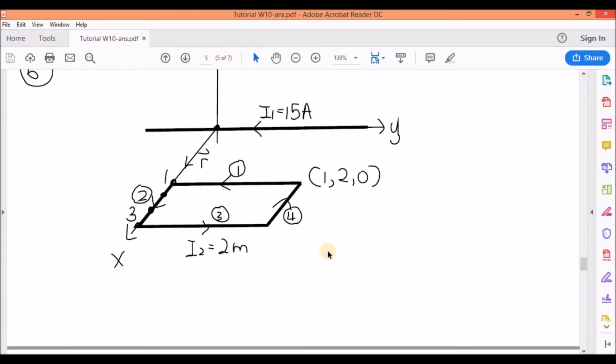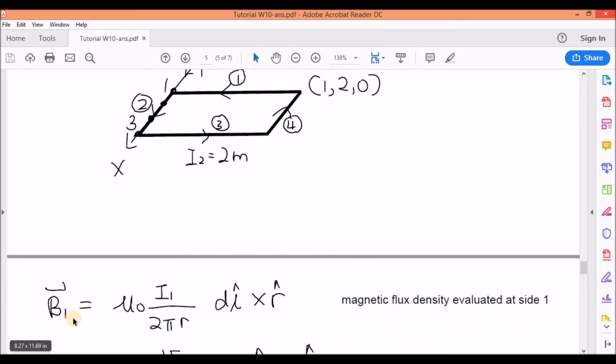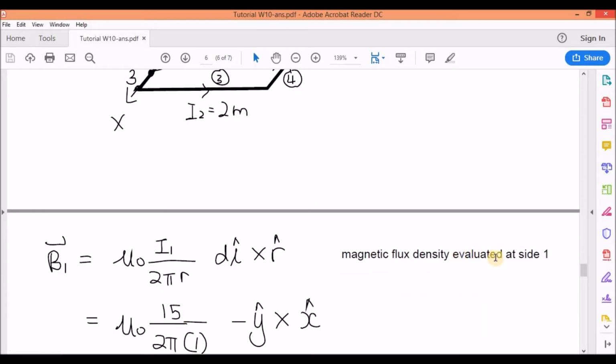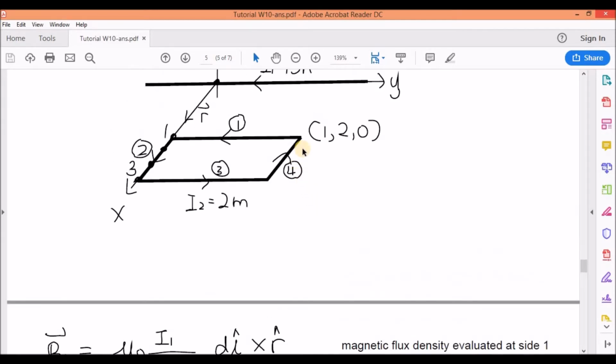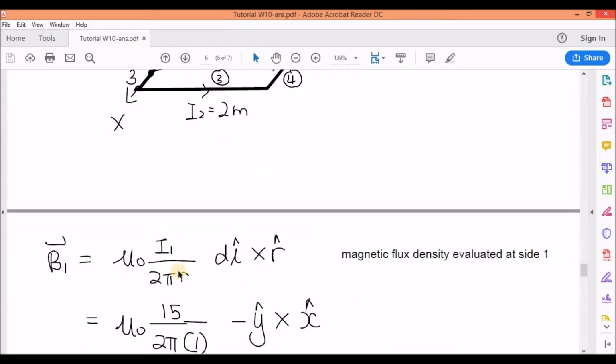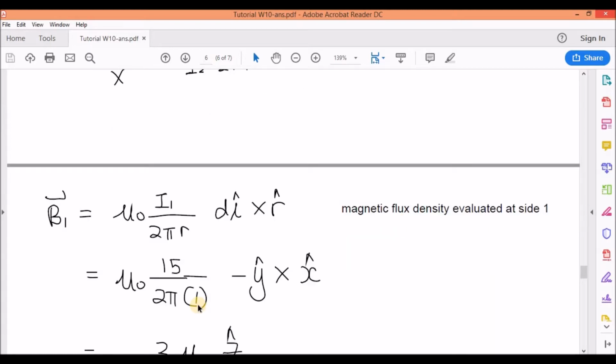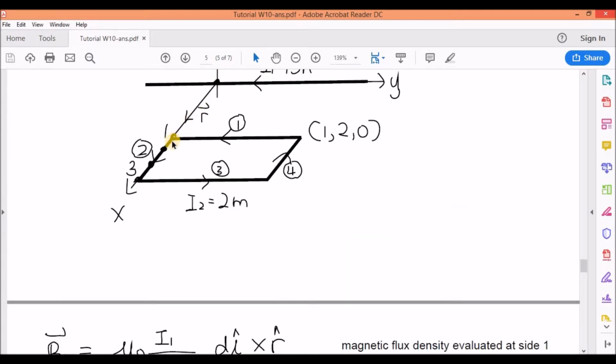Now we need to find B1, the magnetic flux density evaluated at side 1. Where is side 1 at this point? My I will be I1 and my R will be 1, because there is 1 unit length distance in between this infinite line and side 1.